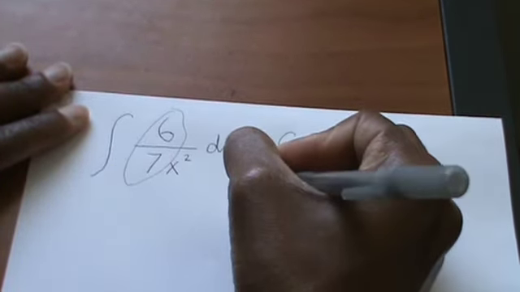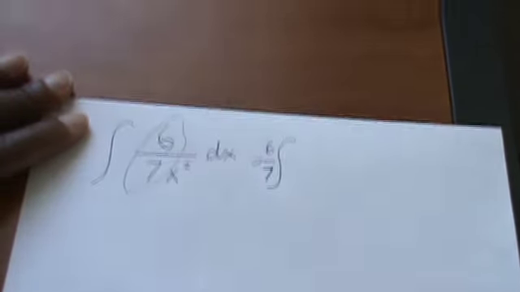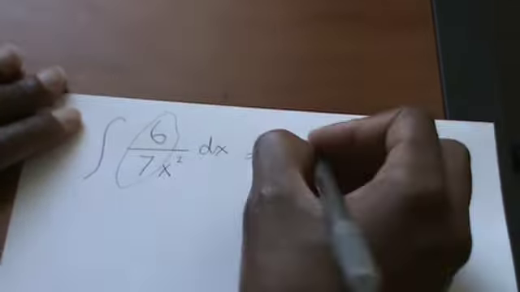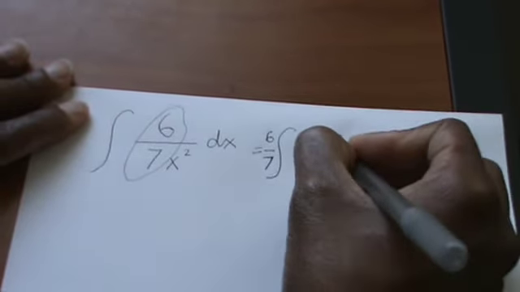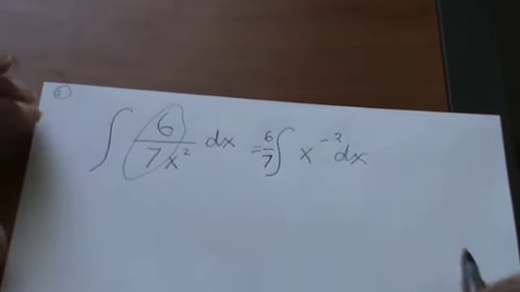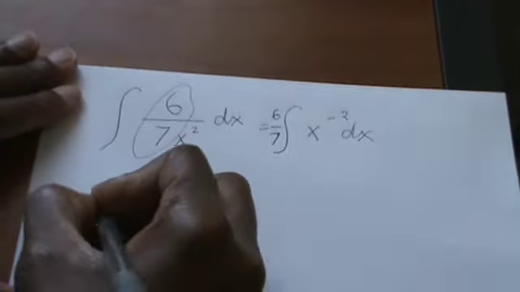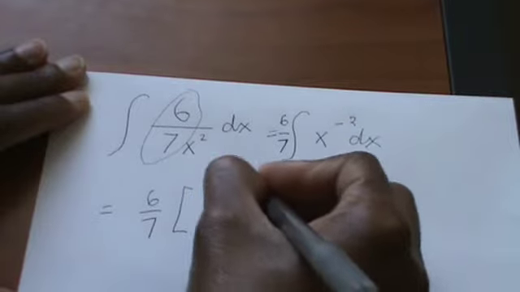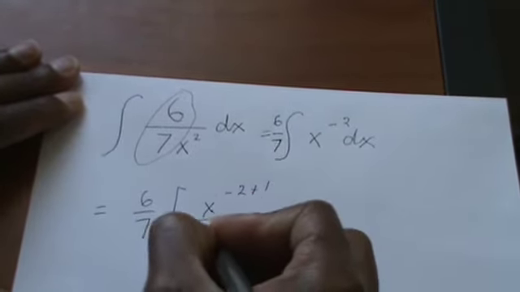Notice I'm going to do a rewrite. And I'll put the 6 over 7 here because I know I'm going to pull it out. And then I'm going to bring up that x squared by negating the power. All right, so now I'm ready to take the antiderivative. So this equals, notice my 6/7 is already pulled out, x to the -2 plus 1 divided by this new power, -2 plus 1.